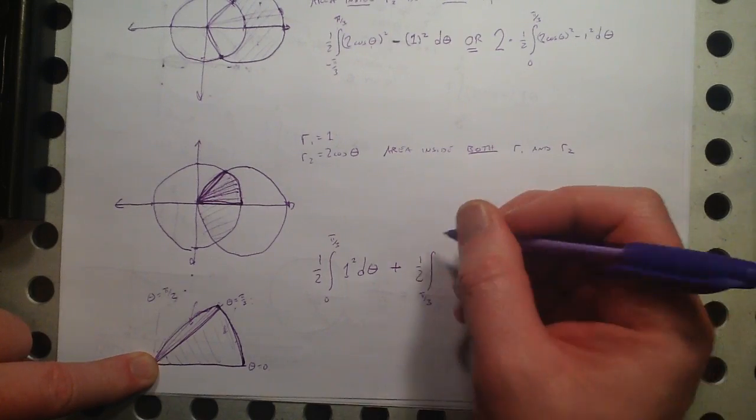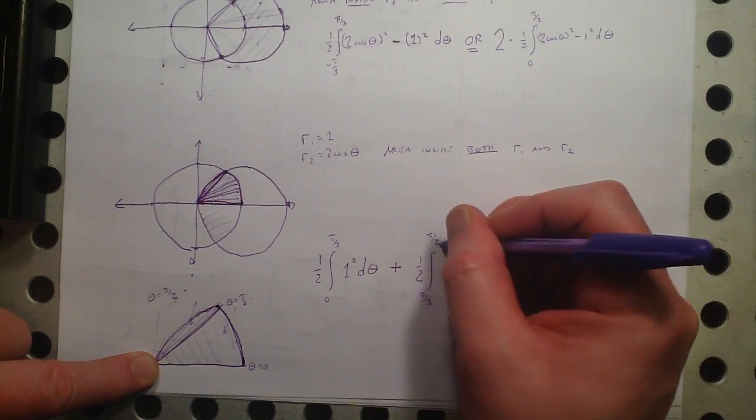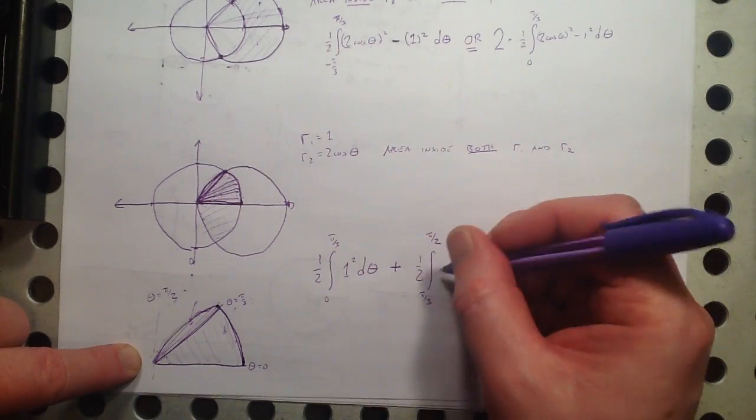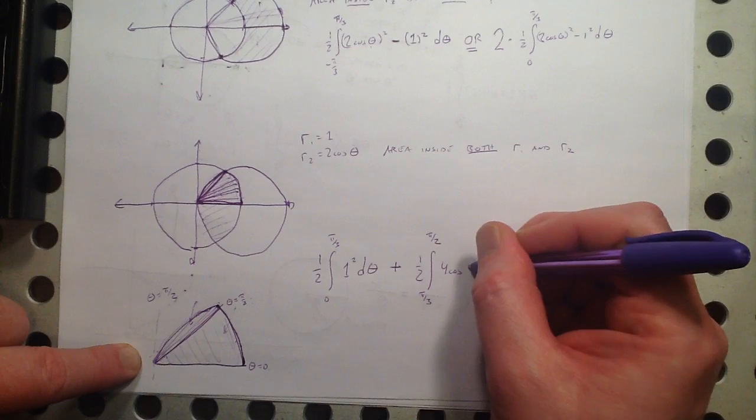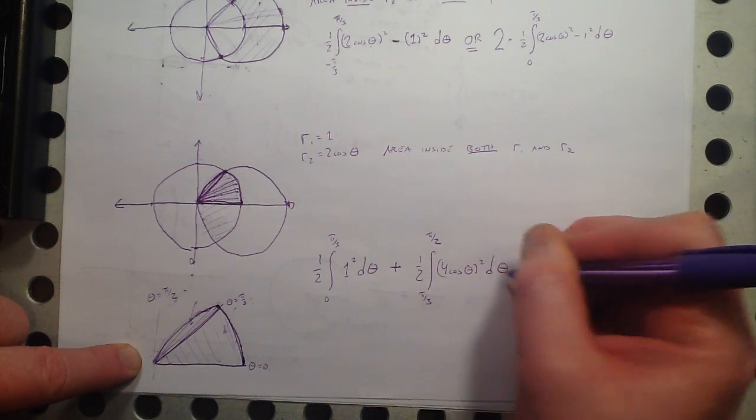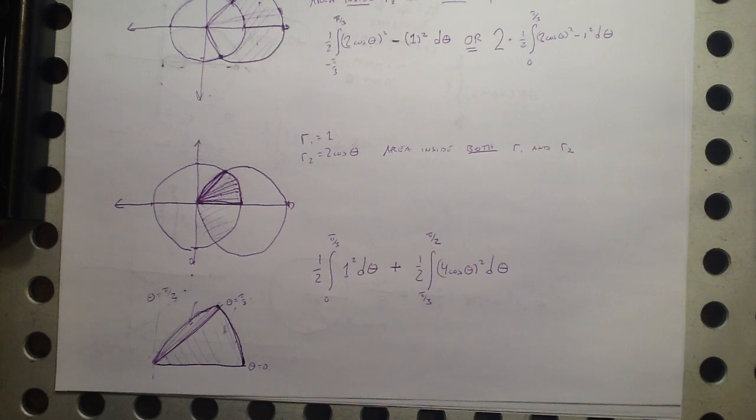Pi over 3 to pi over 2, and then that's inside the other curve. That's this one. And again, that's what I would be looking for. I'd be looking for you to set that up and not solve it.